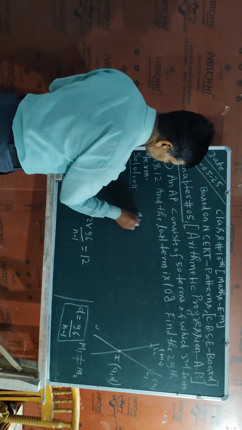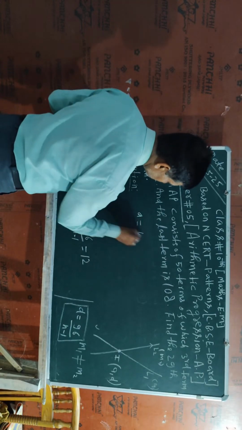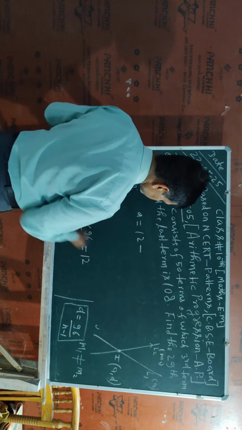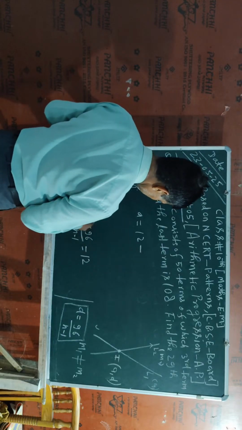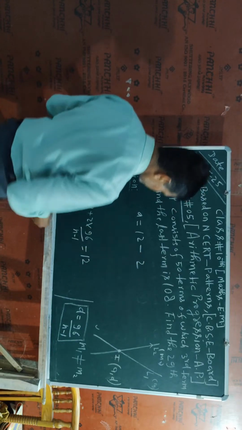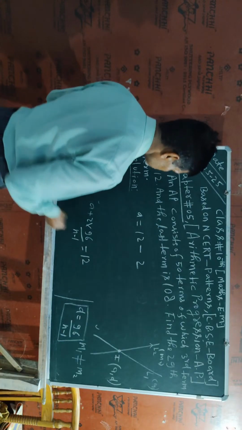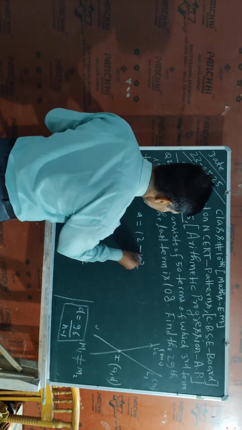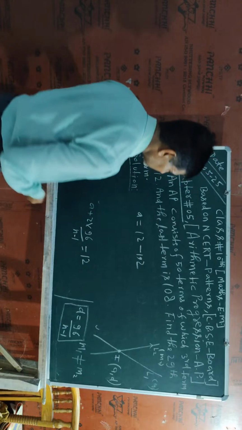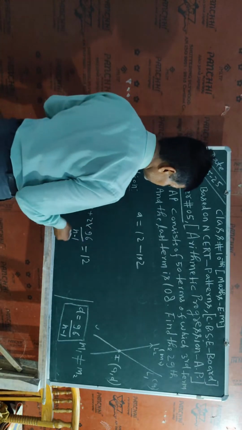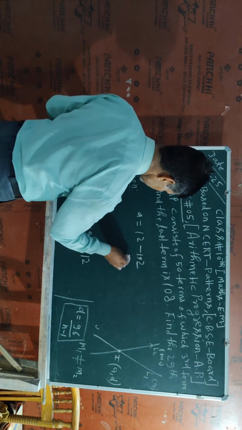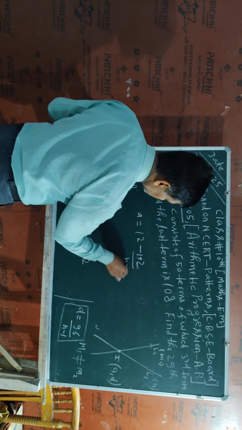So here I will put a is equal to 12 minus 6 to the 12, I will put here 12 and 9 to the 18 plus 1 19, so divided by n minus 1 I have to write.